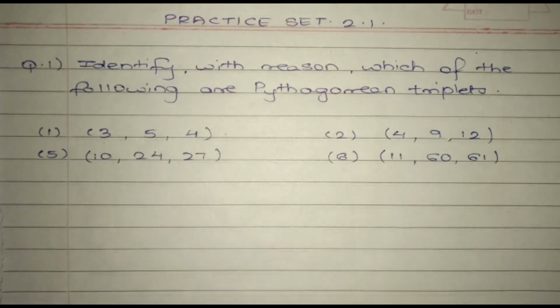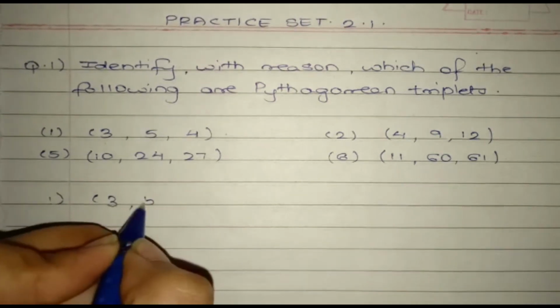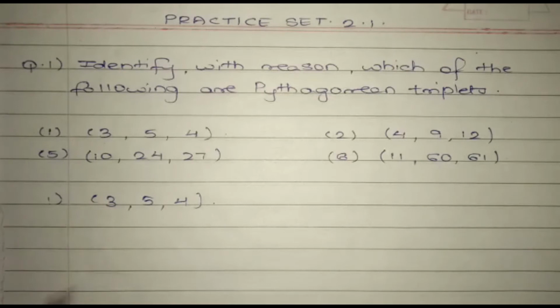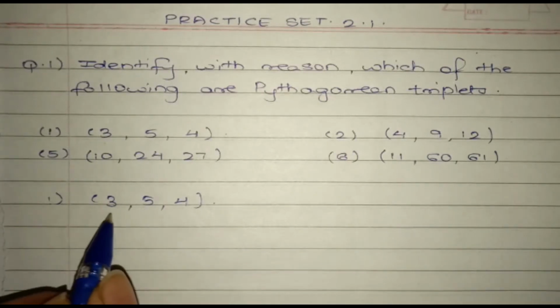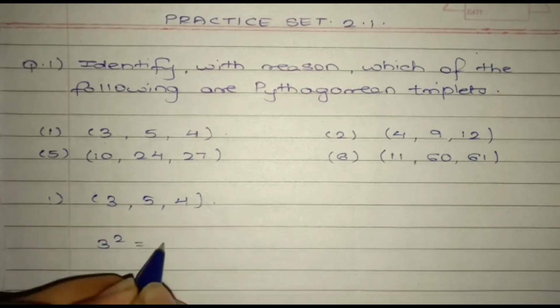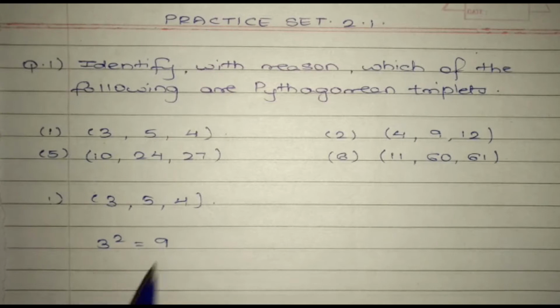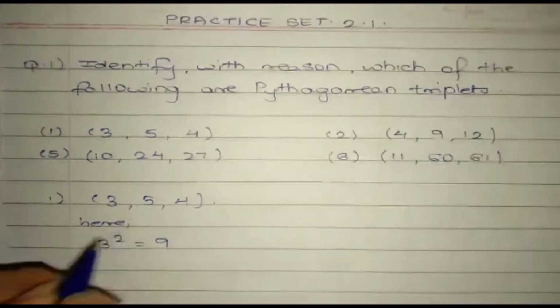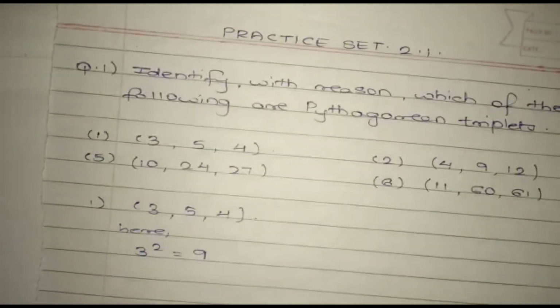So let us see the first sum. 3, 5 and 4. Here the largest number is 5. So we'll write the squares of all the numbers: 3 square is equal to 9.